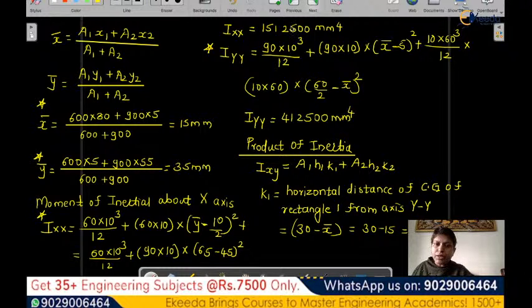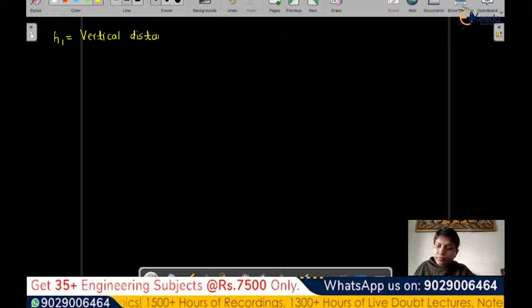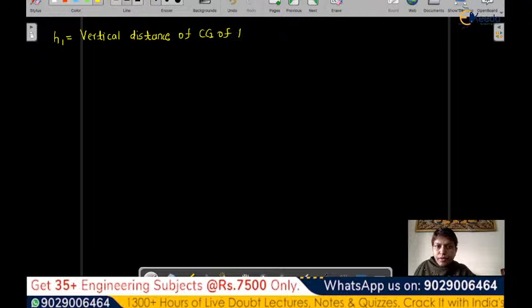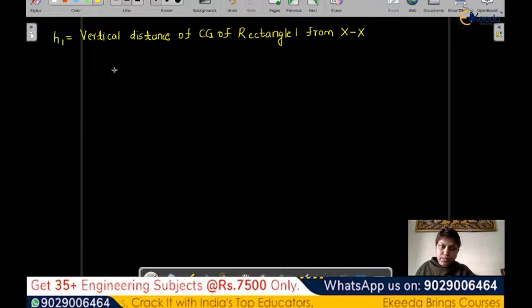Now let's find out what H1 is. H1 is the vertical distance of the CG of rectangle 1, or member 1, from the x axis.